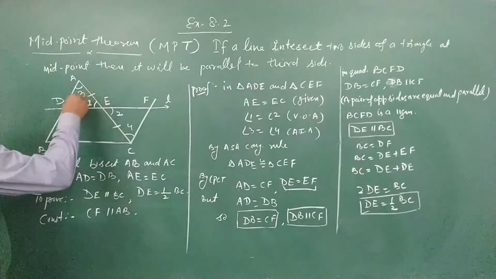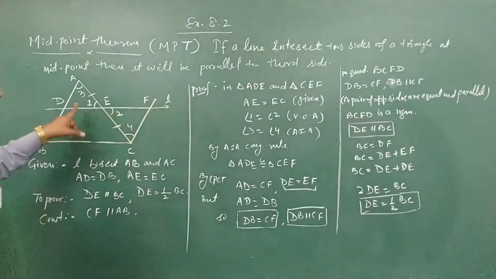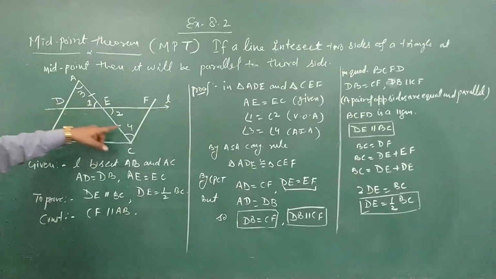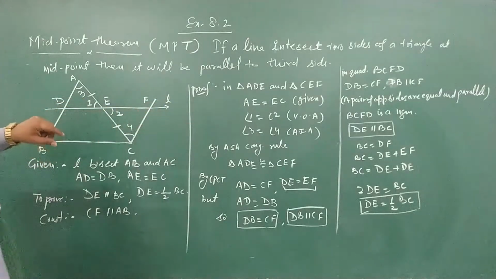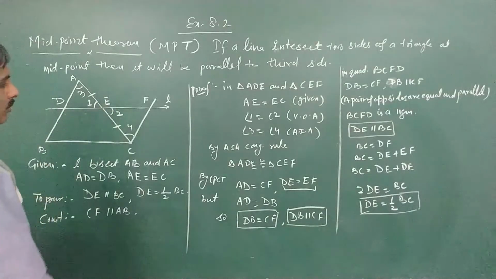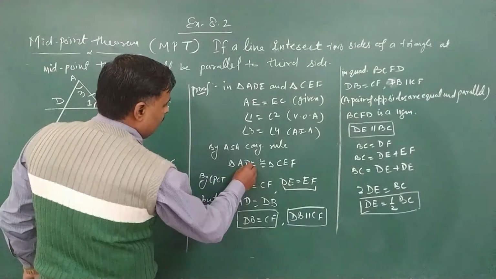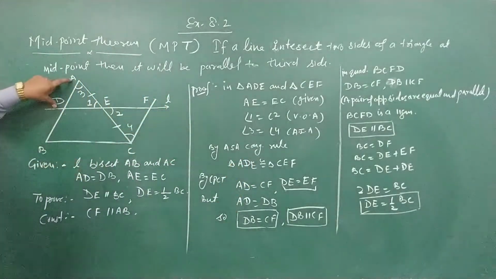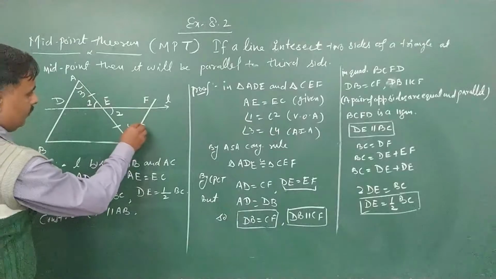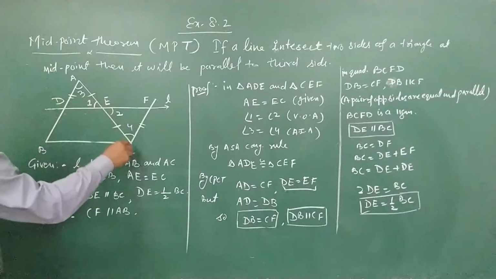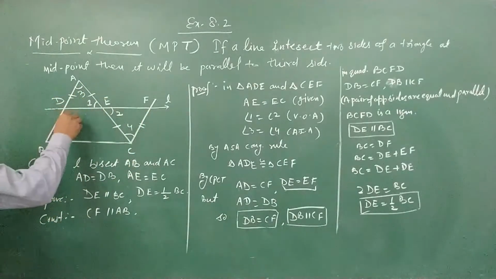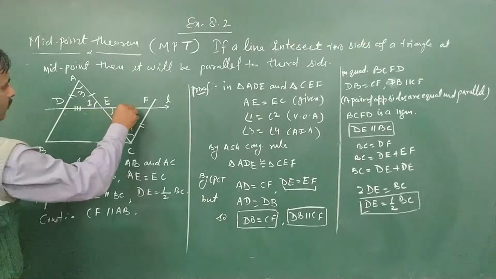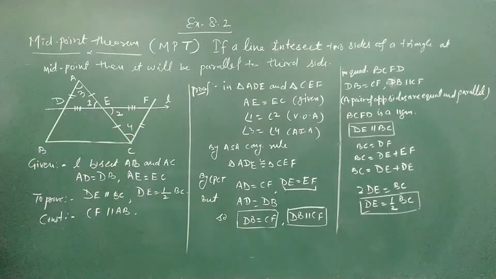Angle 1 and angle 2 are equal, vertically opposite angles. Angle 3 and angle 4 are alternate angles. And by ASA, we can say these two triangles are congruent. If these two triangles are congruent, by CPCT, AD is equal to FC and DE is equal to EF.